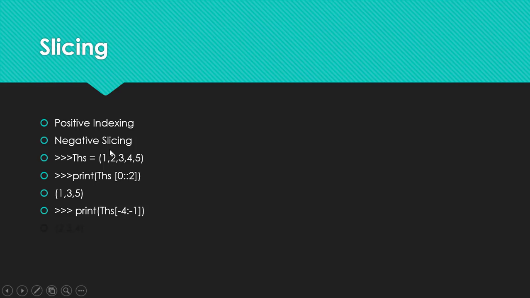We know that the slice starts from the lower limit to the upper limit -1. So in this case as well, 2 would be printed, 3 would be printed, and 4 would be printed. Till the upper limit -1 element, all the elements from the tuple are printed.